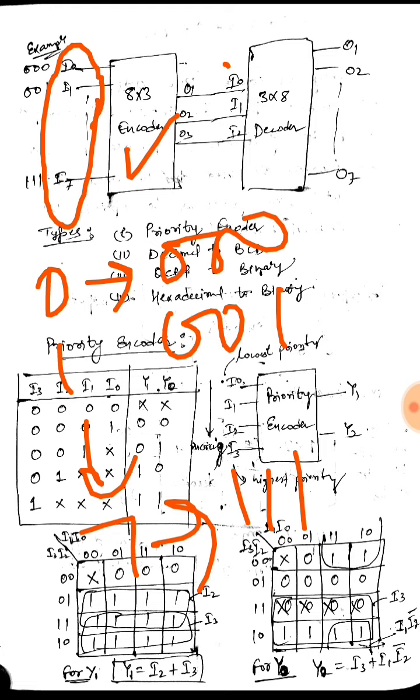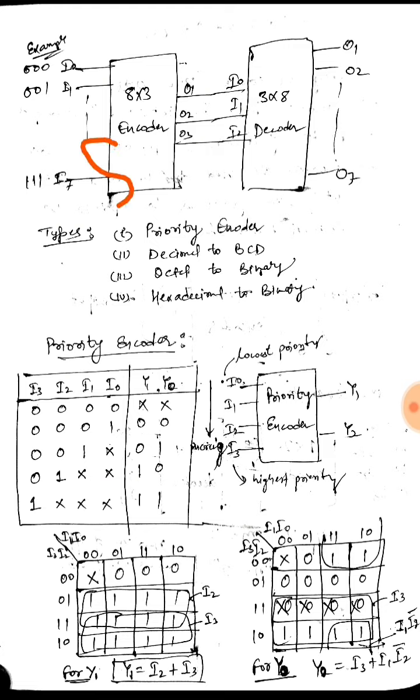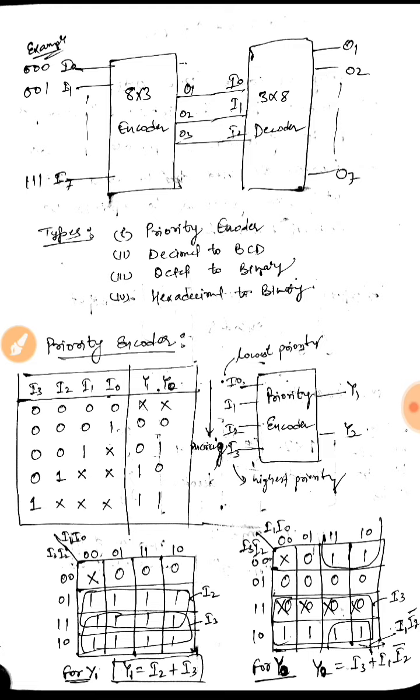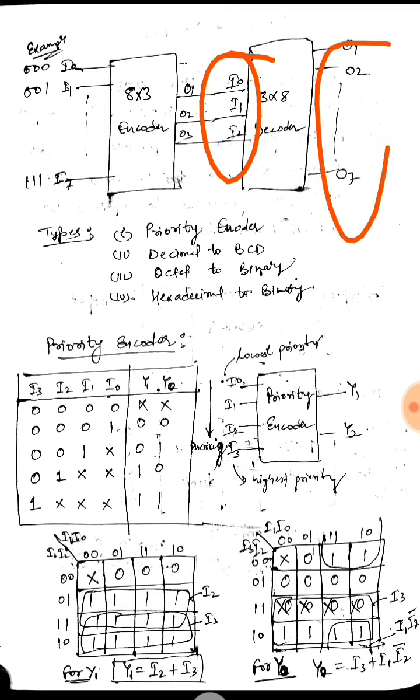So I would require 3 outputs as n is equal to 8, so m comes out to be 3. That is, I would need 3 binary bits at the output, and if I am using a 3:8 decoder, it will convert these 3 inputs into 8 outputs.